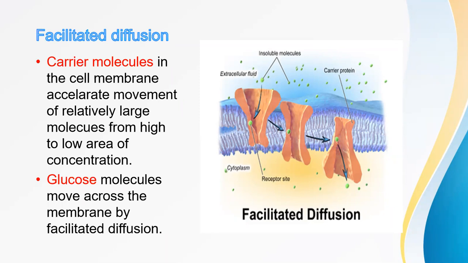By using these carrier proteins, ions, molecules, or atoms can enter from the outer environment to the inner environment of the cell. This type of diffusion we call facilitated. So remember, in facilitated diffusion, atoms, molecules, or ions use carrier proteins. Here also they are not using any energy.